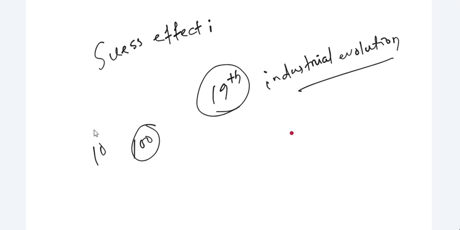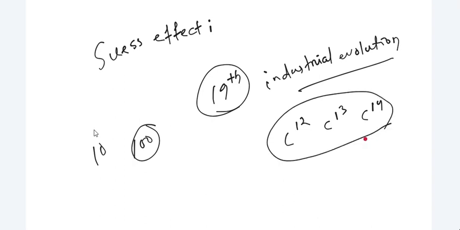So now this equilibrium of C12, C13 and C14 is disturbed. C14 is created by neutron action with nitrogen, and C12 is being produced simultaneously in nature, but we have anthropogenically produced C12 and C13.